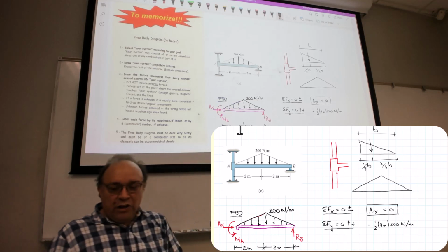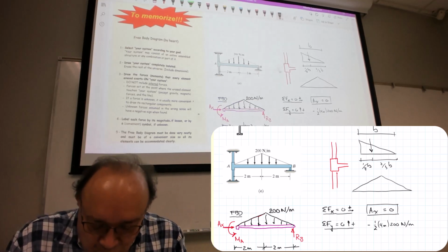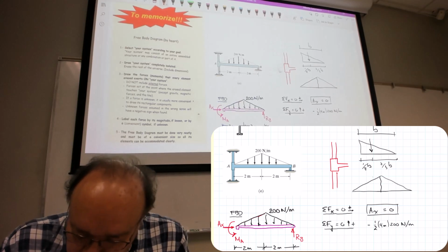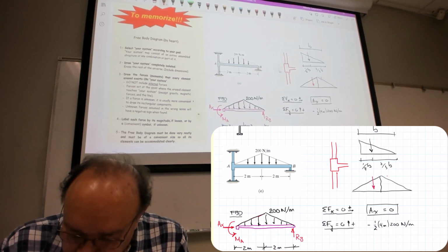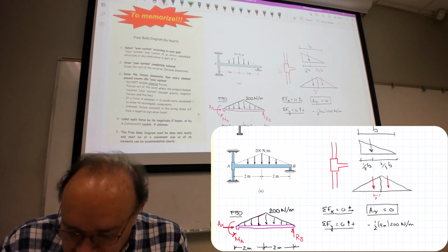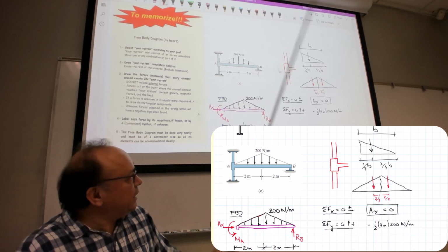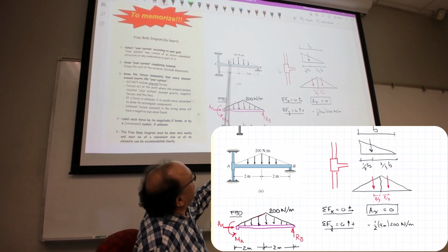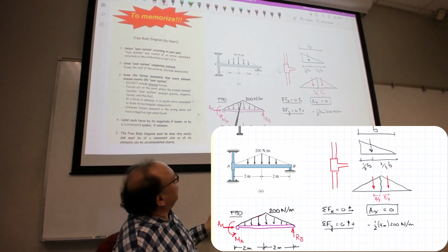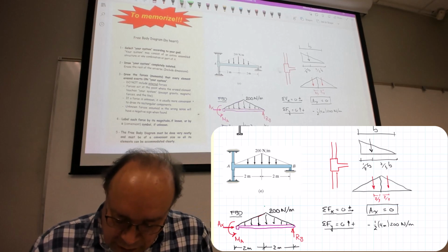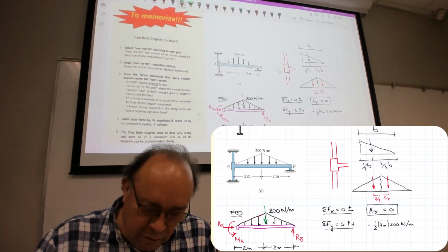We can break this into two triangles and put one force for the triangle on the left and one for the triangle on the right, at 1/3 of 2 and 2/3. We can do that. We don't need it because this is so easy, symmetrical. It's better to put just one force in the middle. One force in the middle here will be much easier, right?